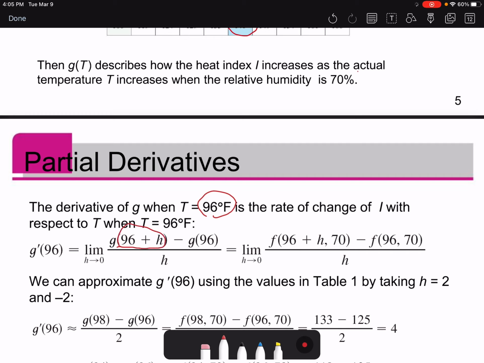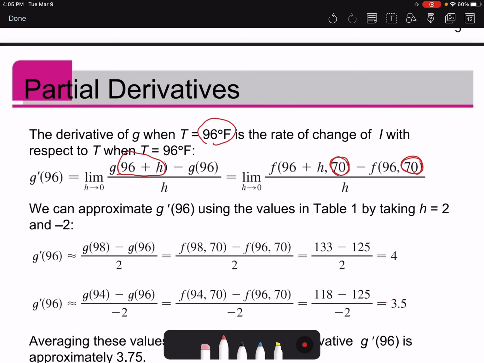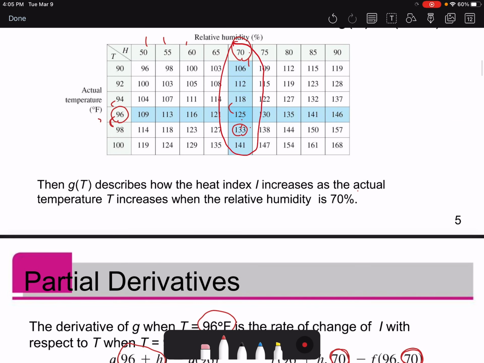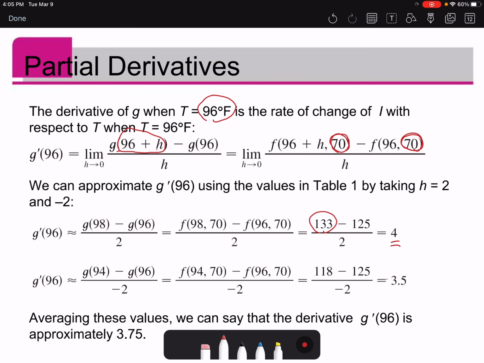This is the actual heat index function fixed at the relative humidity of 70%. At 98 degrees, we have a heat index of 133. So we subtract 125 from that, and because the rise is a 2 degree change, we can see the heat index changes by 4.